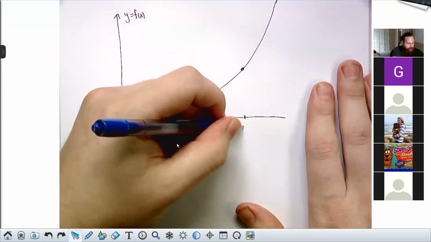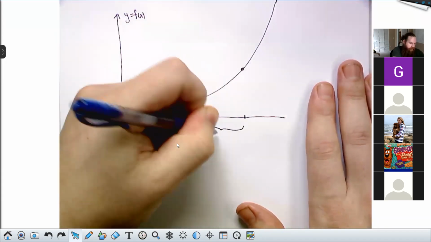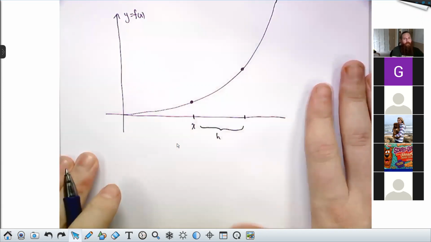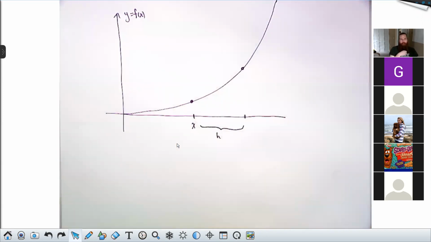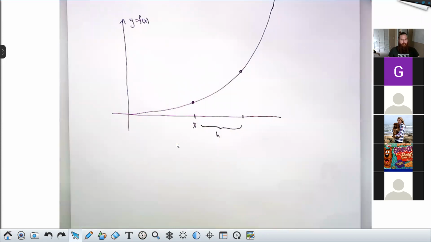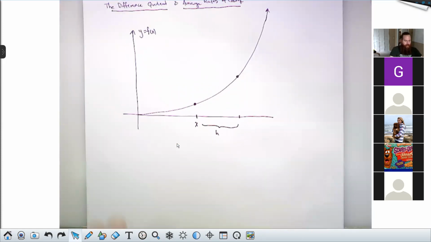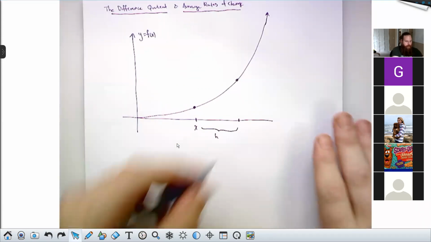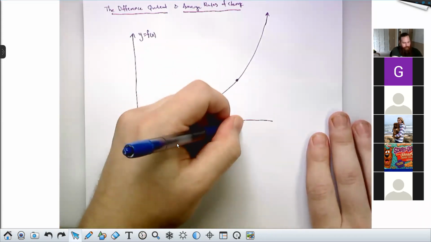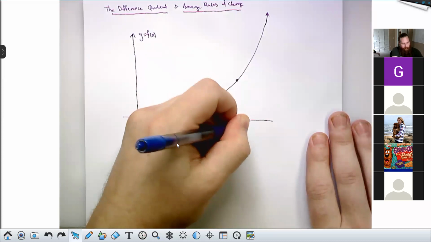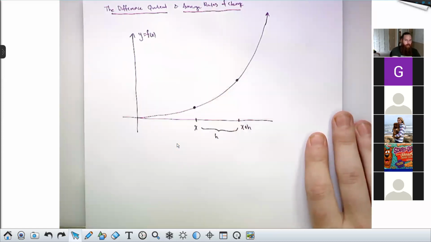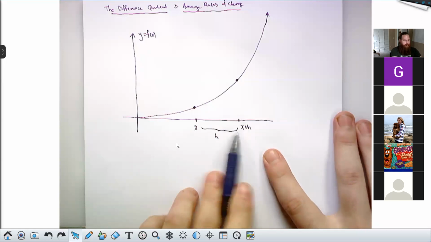And I tell you that this guy is h units away from that guy. And what is the x value here? That would be x plus h, right? Because it's h units to the right of x.